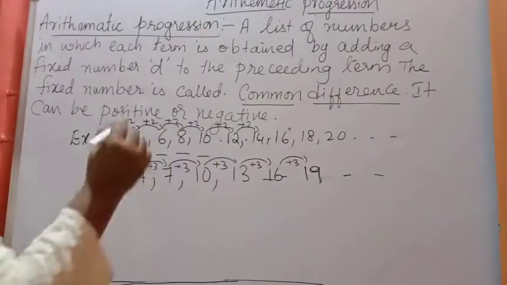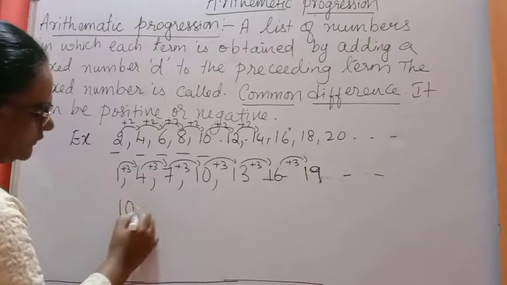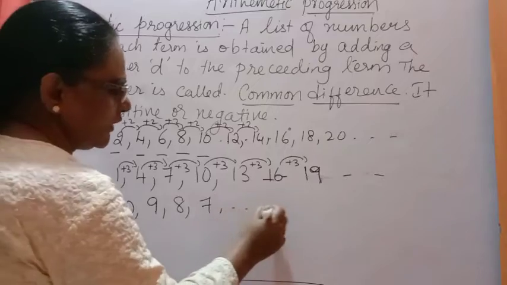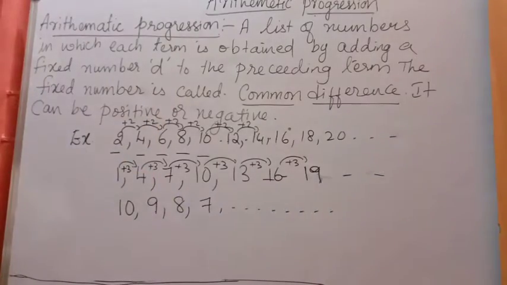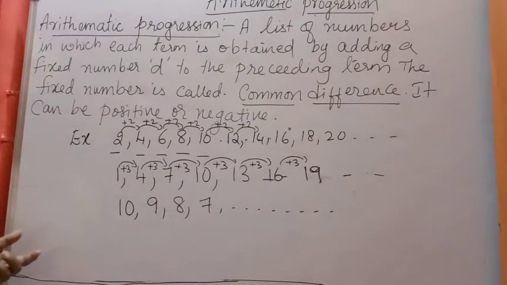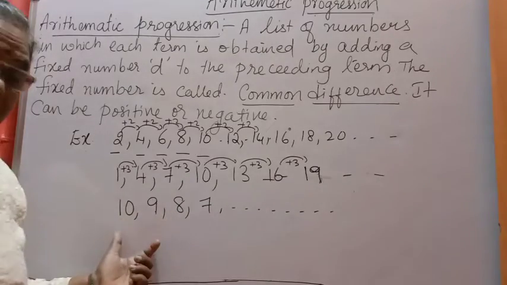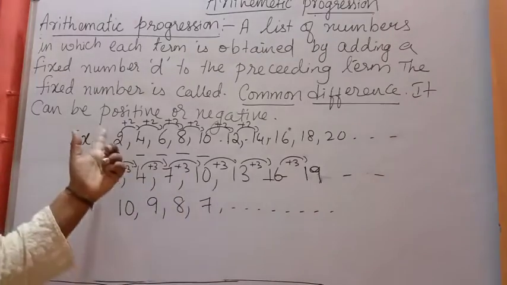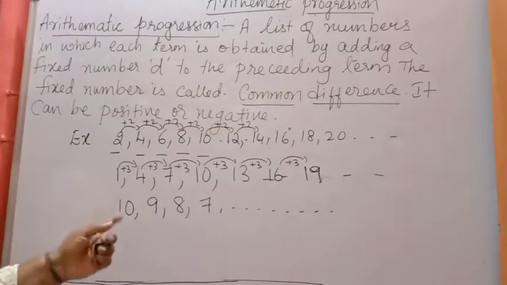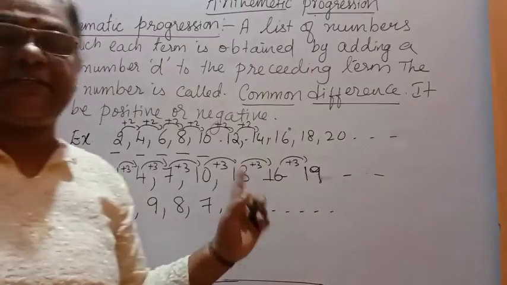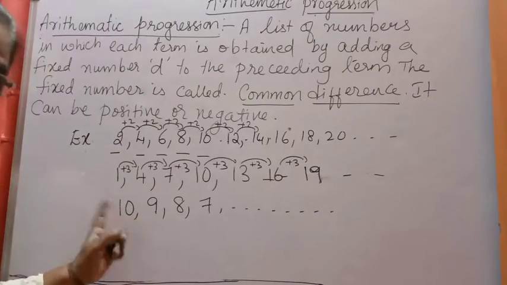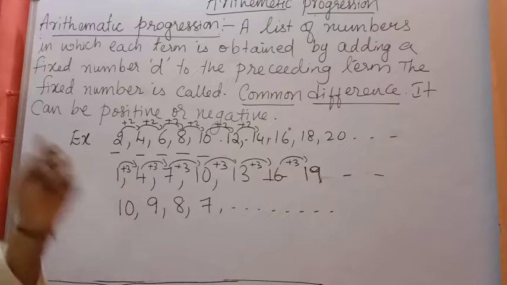I will take one more sequence: 10, 9, 8, 7, and so on. In the earlier ones the numbers were in increasing order, but here the numbers are in decreasing order. If you add some number to 10, you will not get 9; you have to subtract.